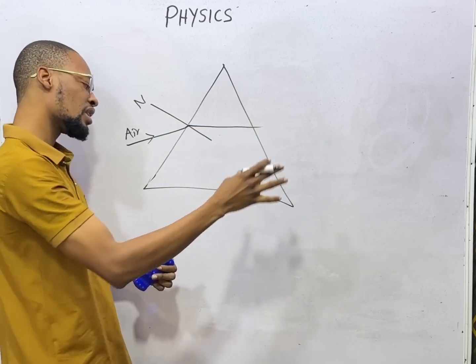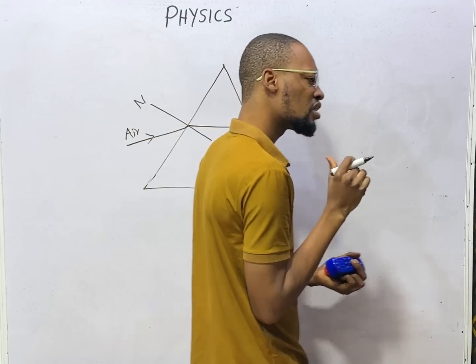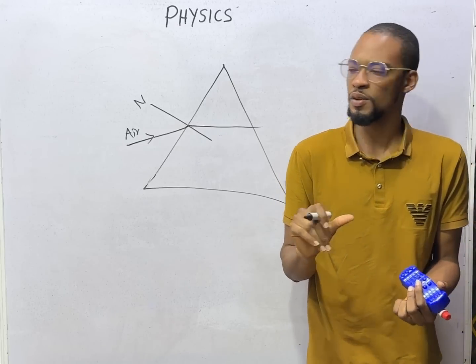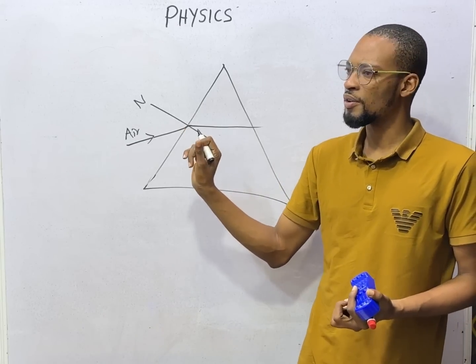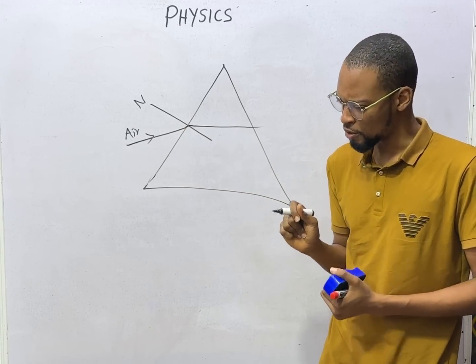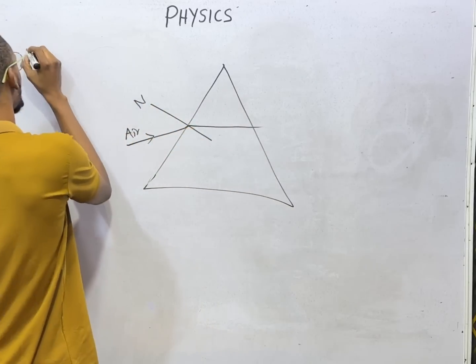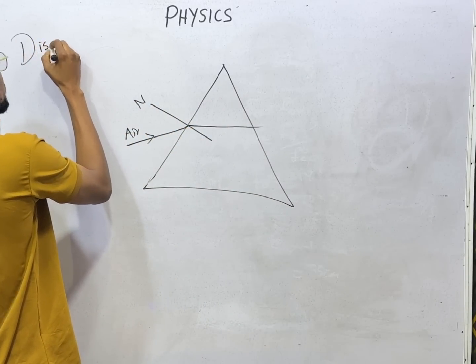But the details of this are not the scope of this class, because I've already treated refraction in prisms and rectangular blocks. This is where I am getting towards dispersion.